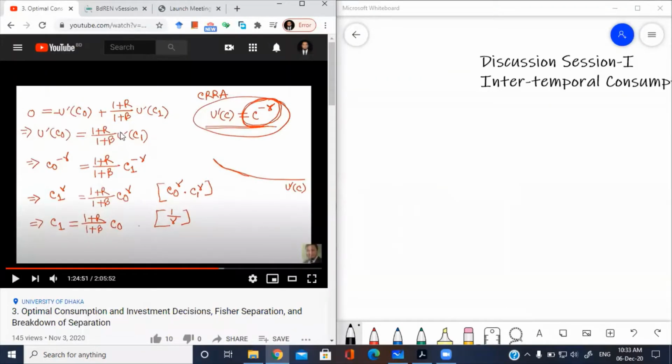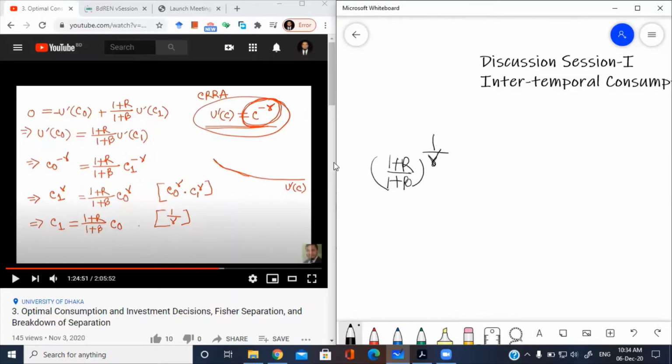Here, as we have multiplied both sides by the power of 1 by gamma to take out the gamma, what happened? Gamma disappeared from here, gamma disappeared from here, but with the 1 plus r over 1 plus beta, the power should come here.